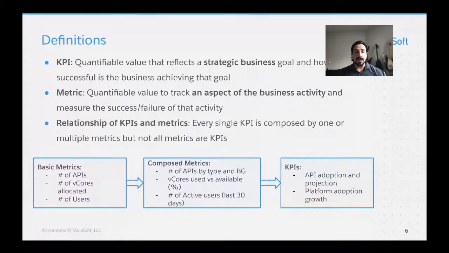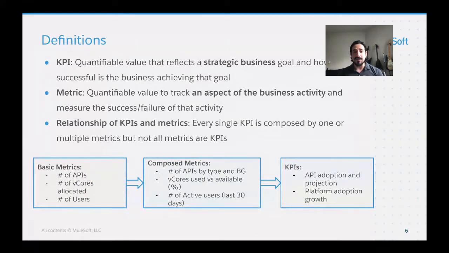So a quick example, a basic metric would be the number of API specs that you have in your organization in Anypoint Platform. Sounds super simple, but I'm pretty sure most of the time we don't have an automated way to get this number, right? Or the number of applications for a specific environment. Normally we have to count one by one, or maybe call the CloudHub API to obtain this information.